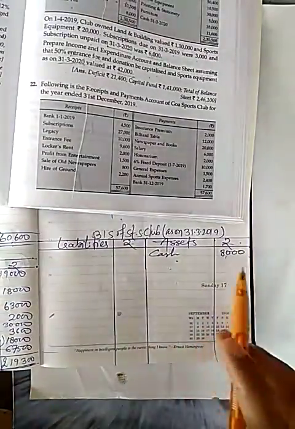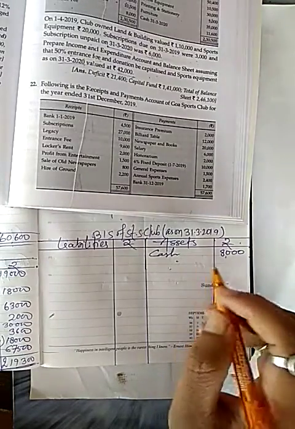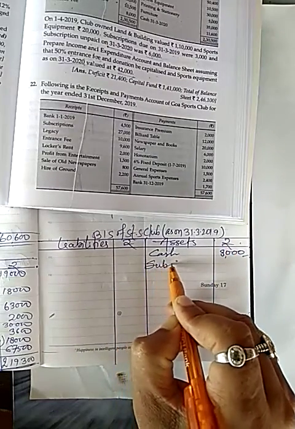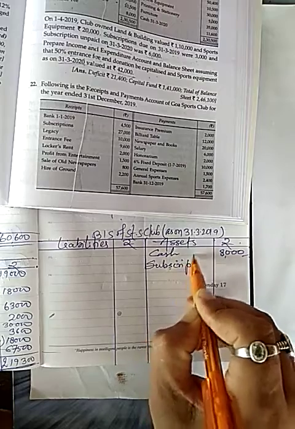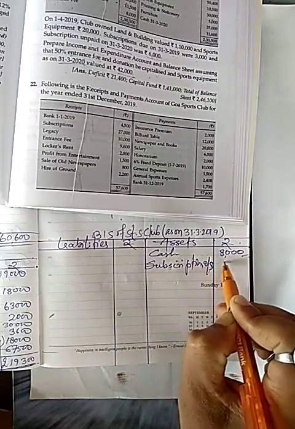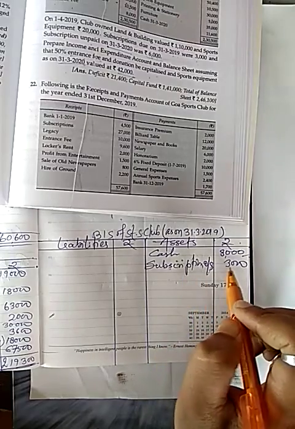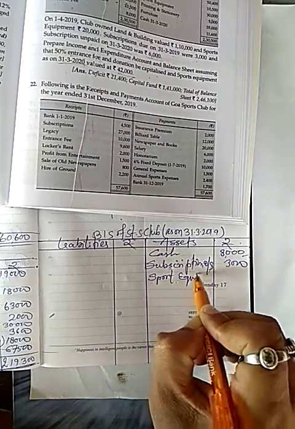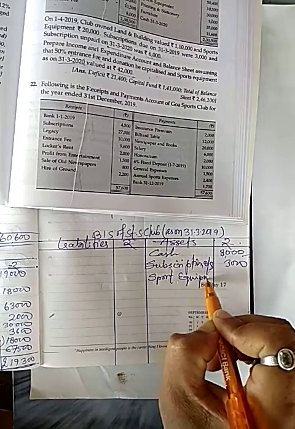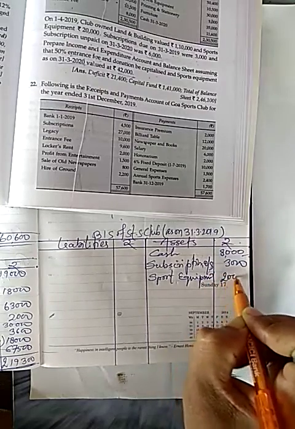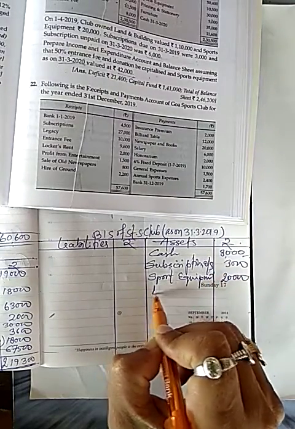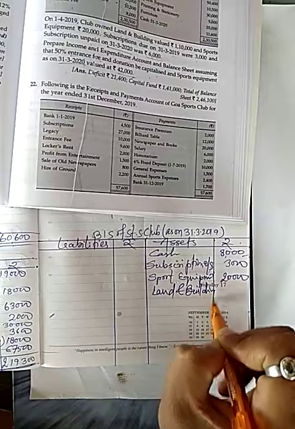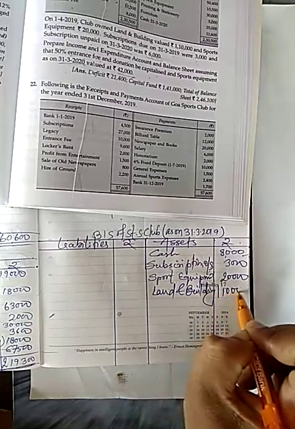So now this is the opening balance sheet and cash is given 8,000. Subscription outstanding is given 3,000 related to the previous year. Sport equipment 20,000 and value of land and building is given 1,10,000.